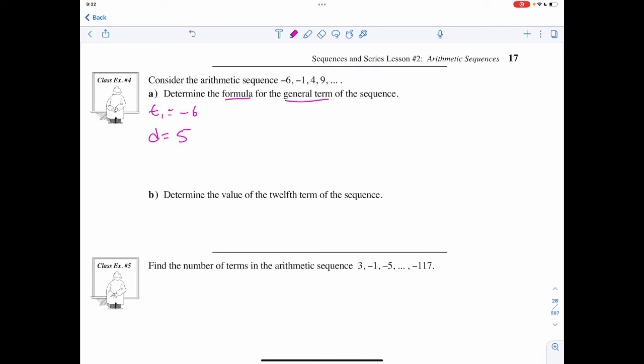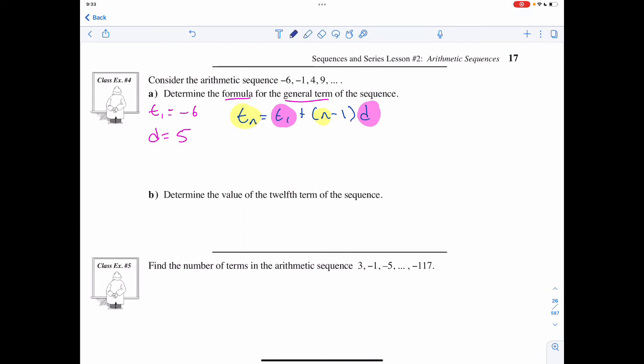And then if my formula is Tn is equal to T1 plus n minus 1 times d. In this formula, my term value and my term number can constantly change, but my first term in any sequence and the common difference in any arithmetic sequence can never change.